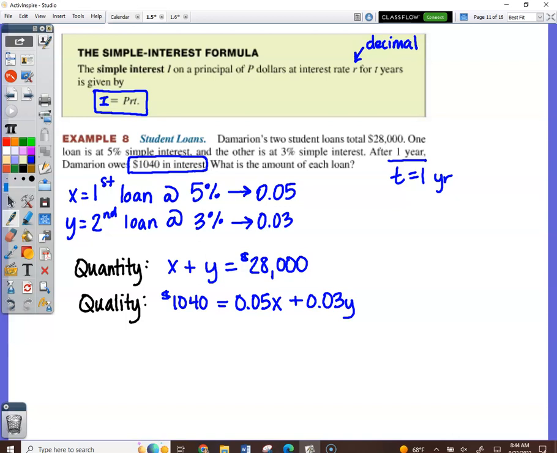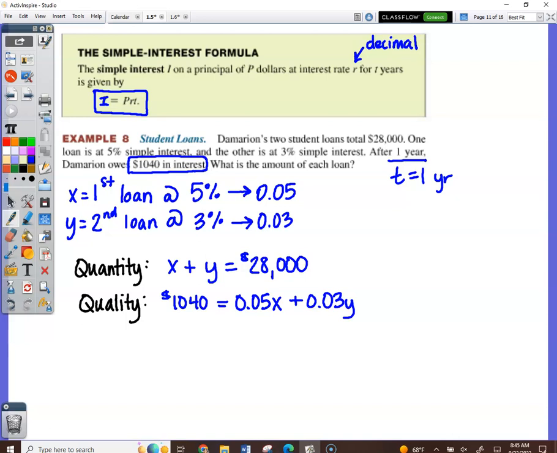Look at the difference between the two equations. Plain X, plain Y stood for the two loans. If I just add them up, I get the total amount, $28,000. Look at the second equation. This is usually the harder one for people to come up with. Now you're taking into account loan X is at a rate of 5%.